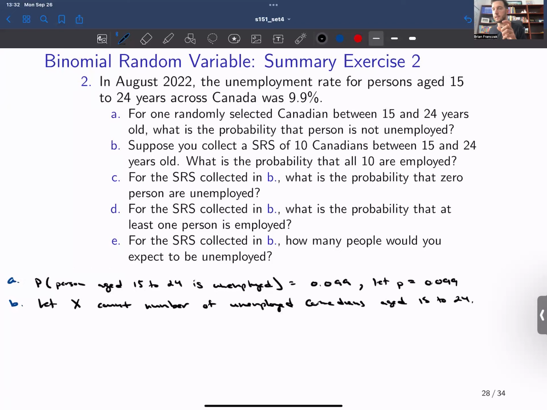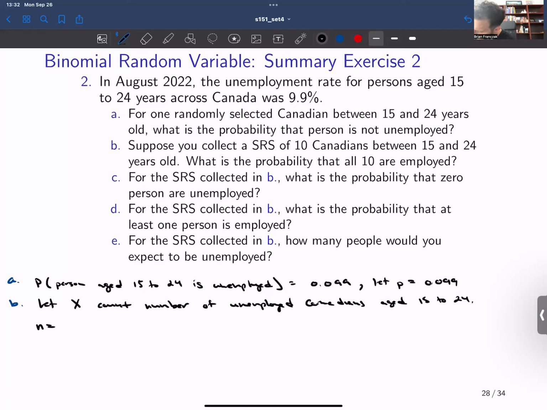So the situation is that a Canadian in the sample can be either employed or unemployed. That makes this a binomial problem where X is counting the number of people that either meet the unemployed criteria or do not. We want to know in a sample of 10, how many are employed.